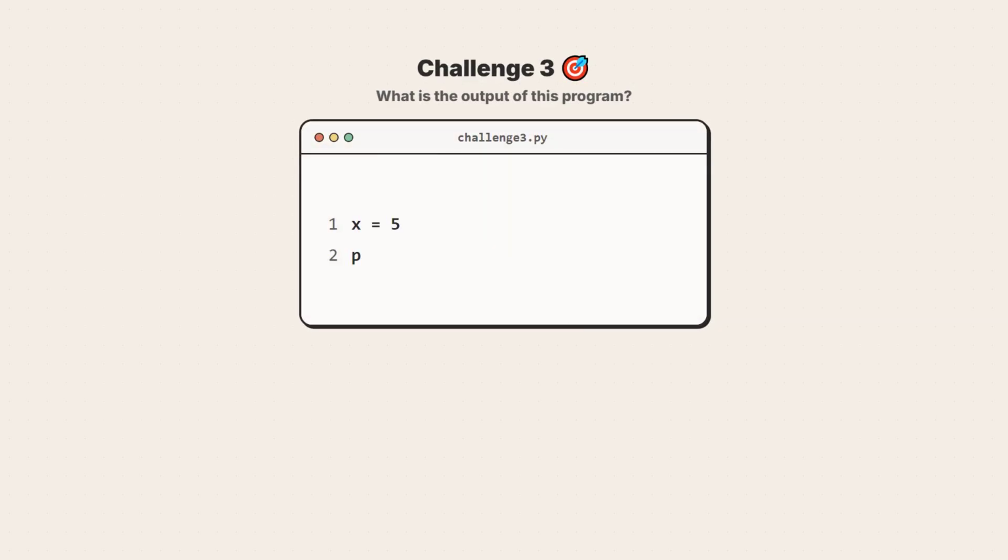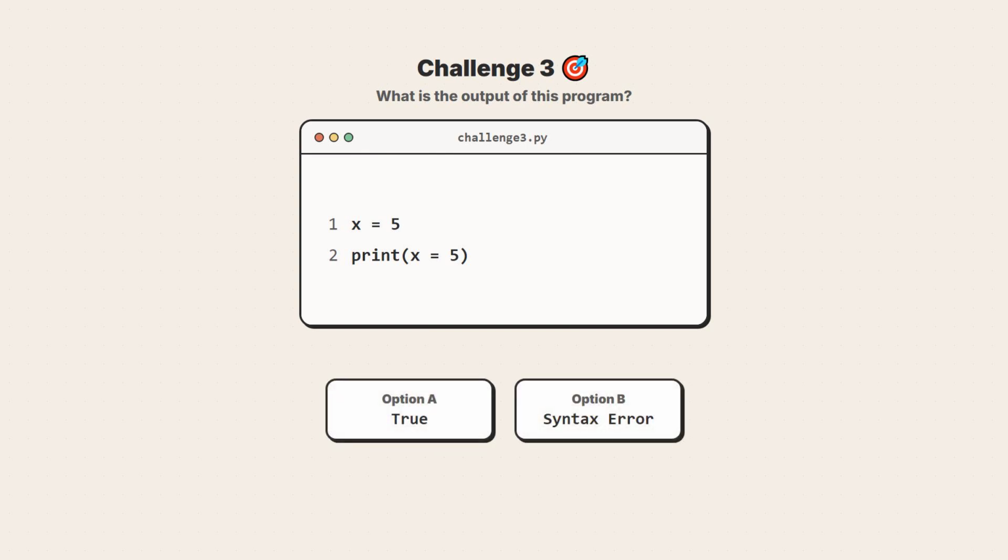Here is our final challenge: x equals 5. Print(x = 5). What will happen if we run this? Option A, true. Option B, syntax error. Pause the video and make your choice. Ready?